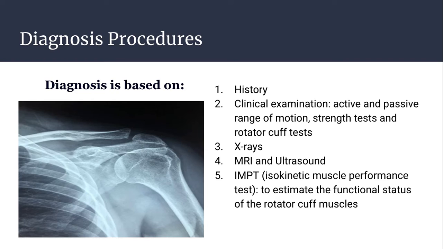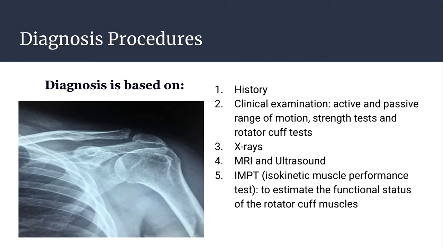So diagnosis is based on history. That's the first thing that the doctor would assess, and then after that they do a clinical examination by assessing different strength tests and rotator cuff tests and range of motion. And then after that, the doctor will give an x-ray or MRI or ultrasound, just because this injury looks so similar to tendonitis or bursitis.